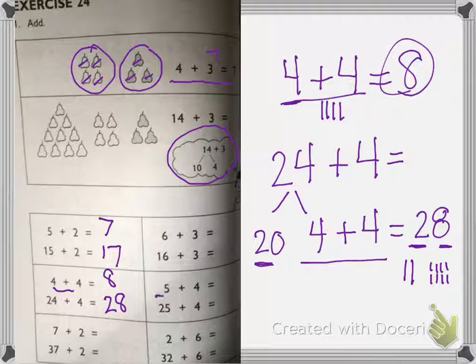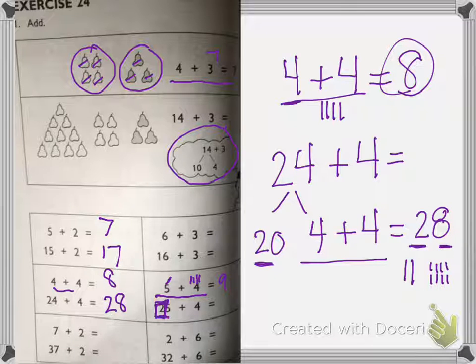Okay, let's look at 5 plus 4. 5 plus 4, start with the 5, 6, 7, 8, 9. 5 plus 4 is 9. And then 25 plus 4 basically is the same as 5 plus 4, but it adds an extra 2 in the tens column, which means 20.